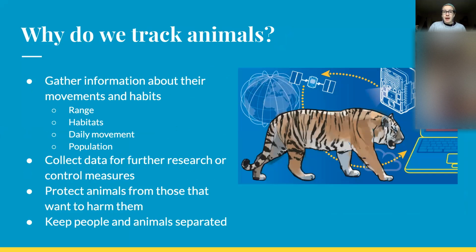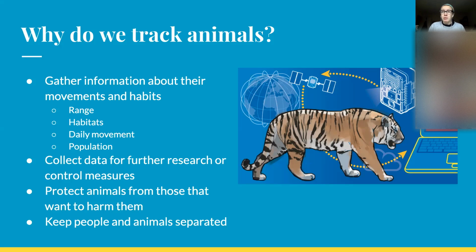So why do we track animals? This is a really interesting topic. We want to gather information about their movements and about their habits. That includes their range, so where they go. It includes the habitats, so what kinds of areas they're living in, like the jungle or the desert or the forest.